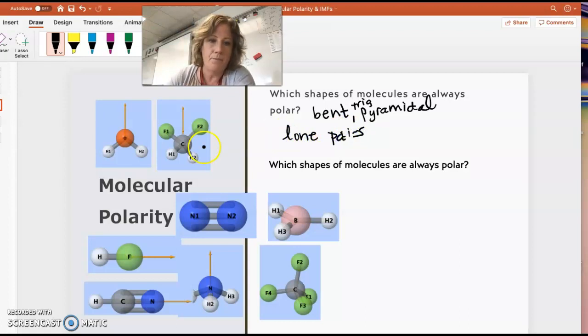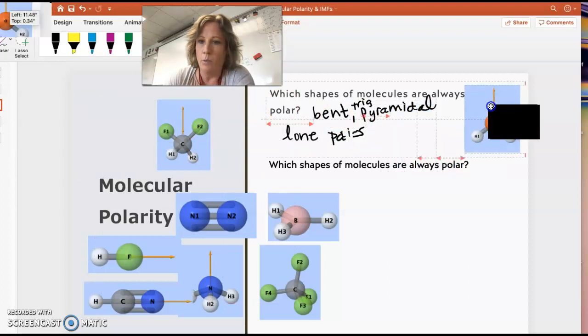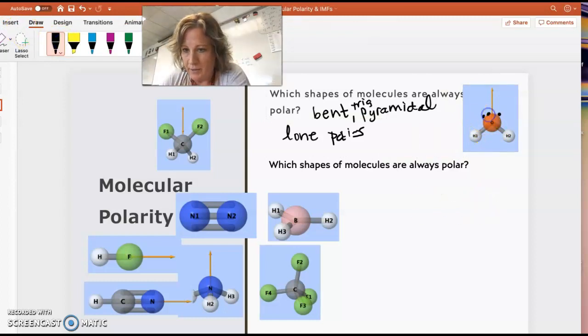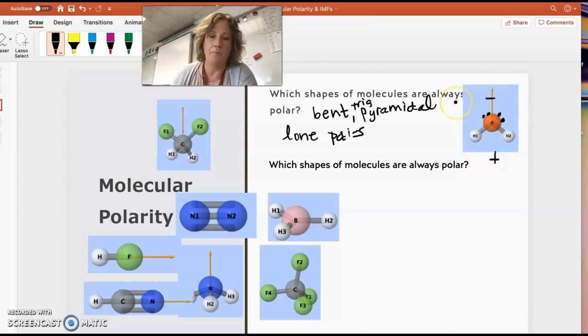So you can see like water, the PHET didn't show you this, but when you draw it, you know that there's really two lone pairs here. And that's always going to make that end more negative. So partially negative and then partially positive on this other end of water.